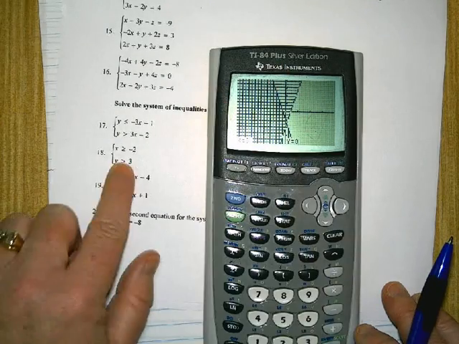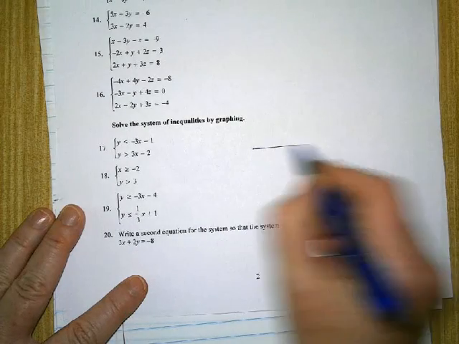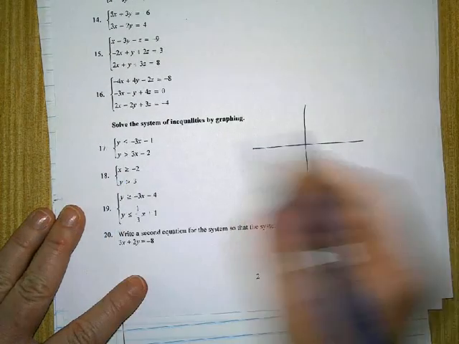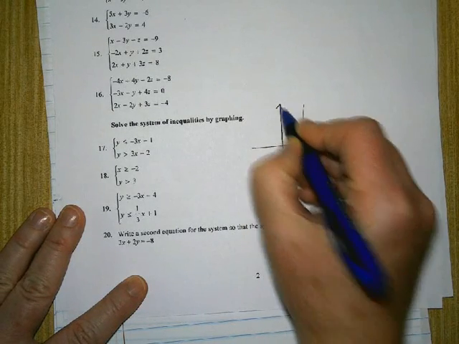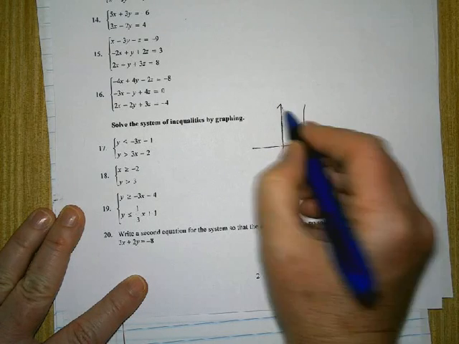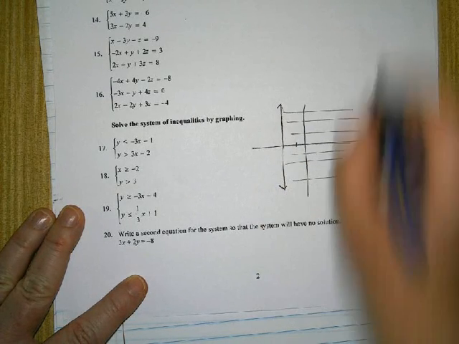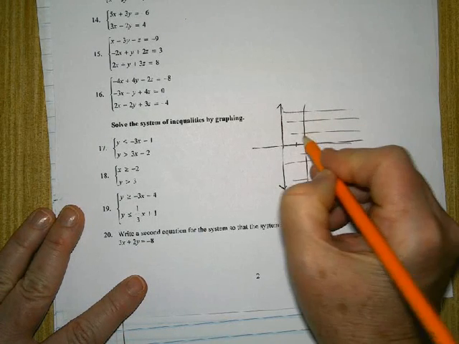18, you can't put it all in your calculator. Look at 18. We're going to sketch it on here. X is greater than or equal to negative 2. X is equal to negative 2 right here. And there's that line. And you're shaded this way. The next equation says y is greater than 3.